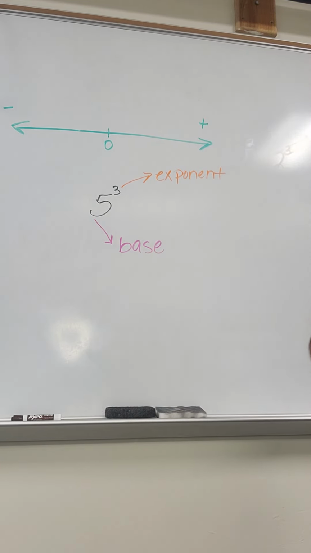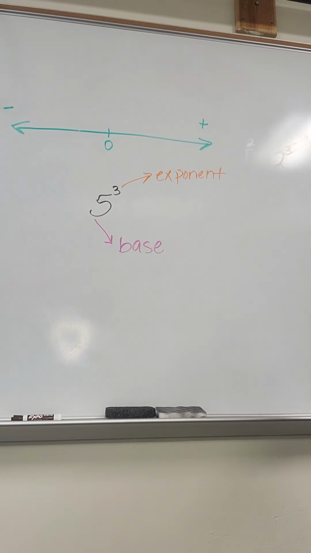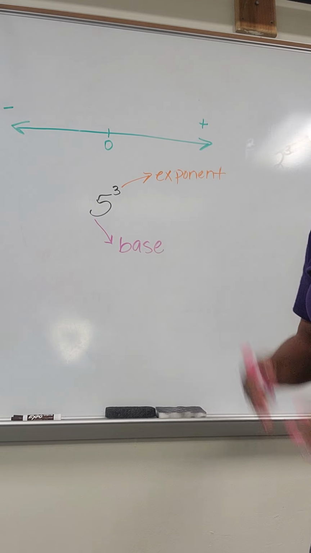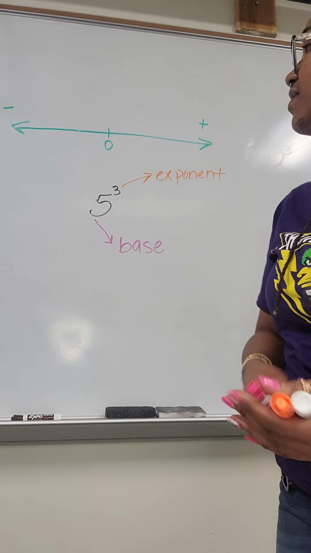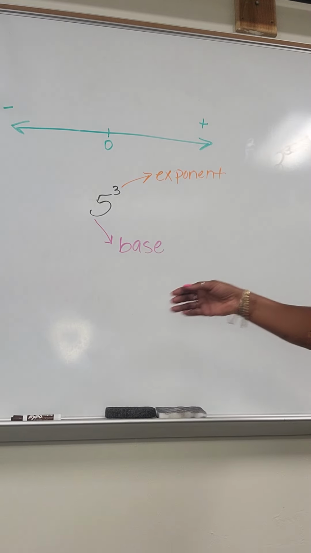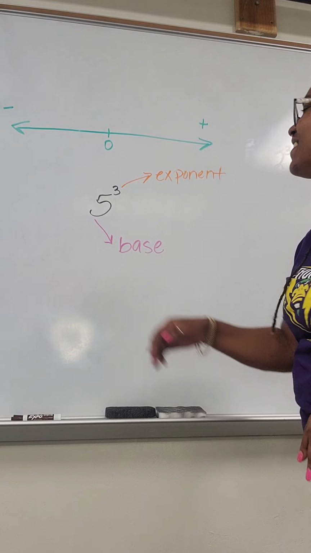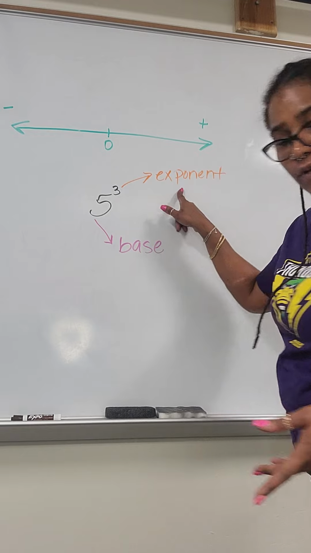And so what the exponent does is it says, I want you to multiply the base times itself exponent amount of times. Before I tell you, the base is what? It is 5. The exponent is 3.